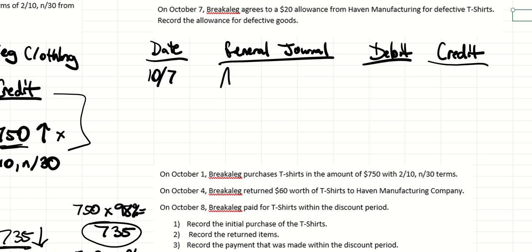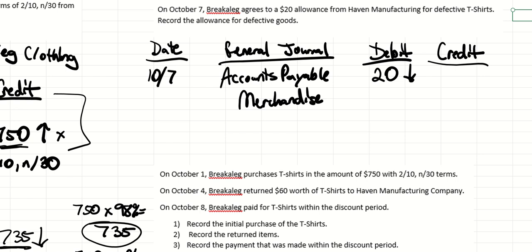So this means that accounts payable is going to be debited for $20. Okay, that's going to reduce what they owe. And then the credit is going to go to merchandise inventory by that same amount, $20. That's also going to reduce the balance in that account.